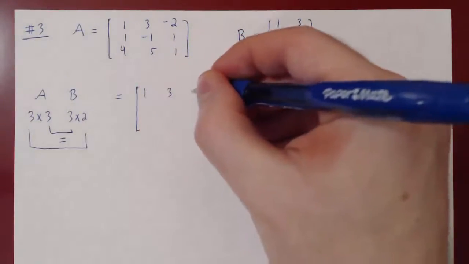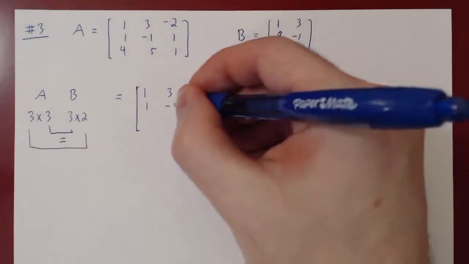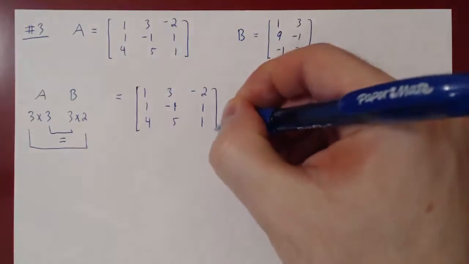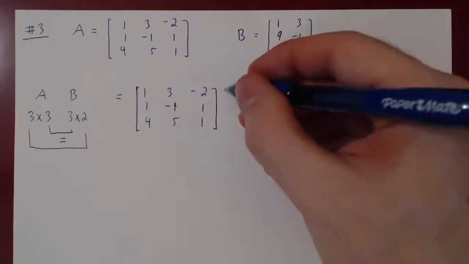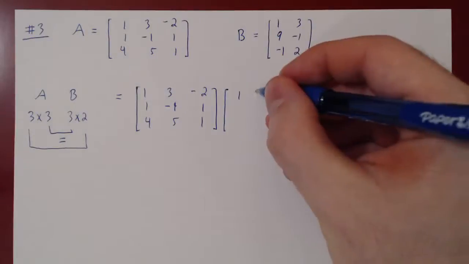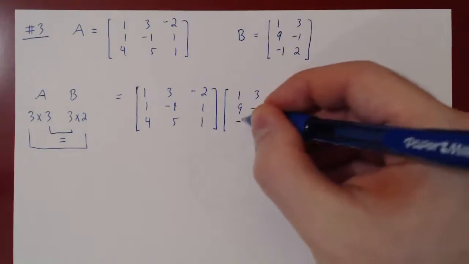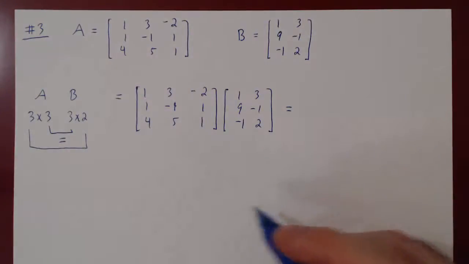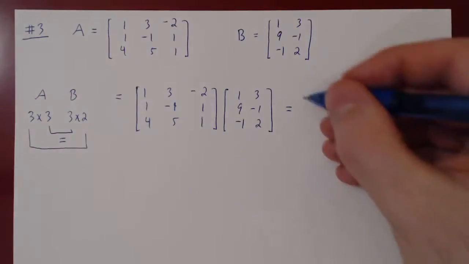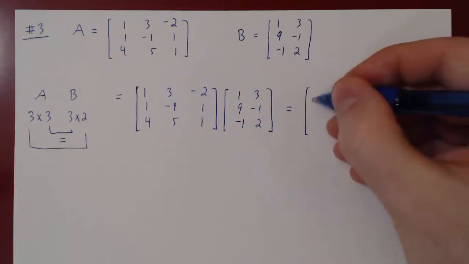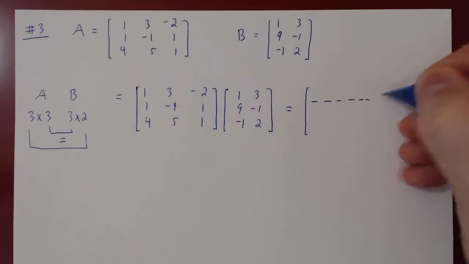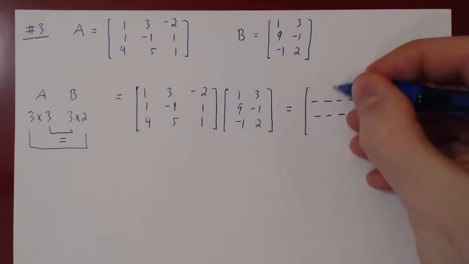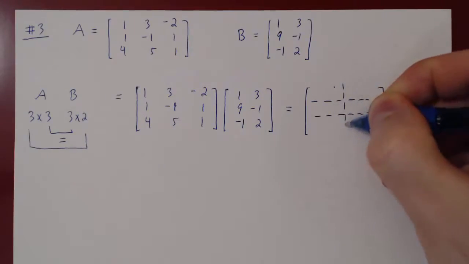So A times the matrix B. The result, as we have just said, will be a 3 by 2 matrix. So 3 rows and only 2 columns.